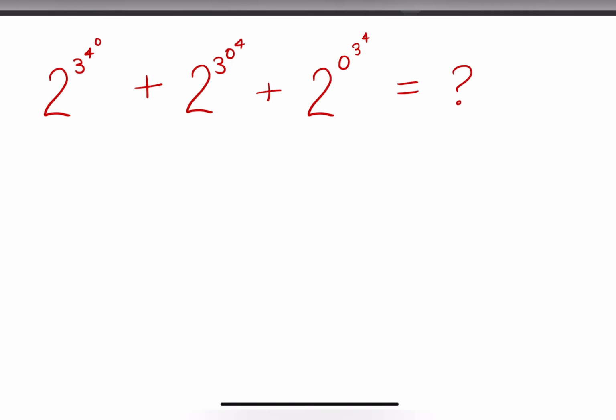But before we talk about how to solve it, let's talk about a couple rules in exponents. The first one is raising x to the power of 1.